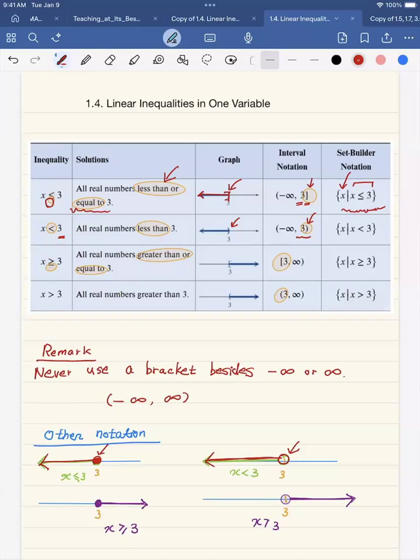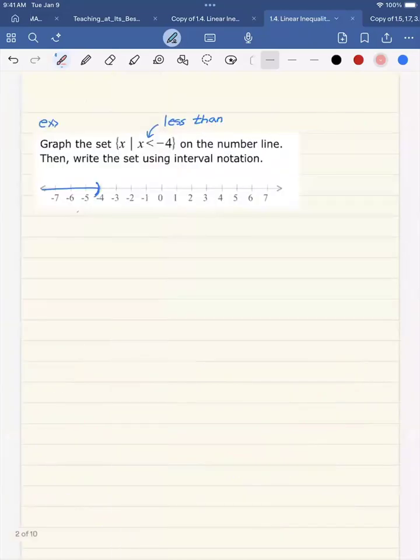What you have to be very careful about here is you cannot use bracket notation beside negative infinity or infinity, because those are not numbers. Those are concepts. So we always use parenthesis notation right beside infinity or negative infinity.